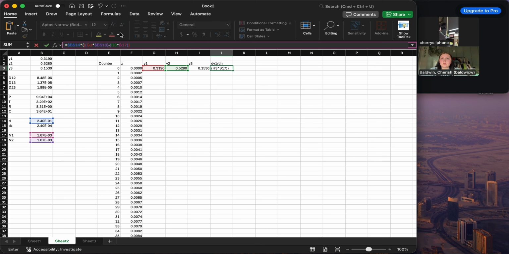Alright, can I zoom in? No. Okay. Divided by the concentration times diffusion coefficient of 1 to 2.